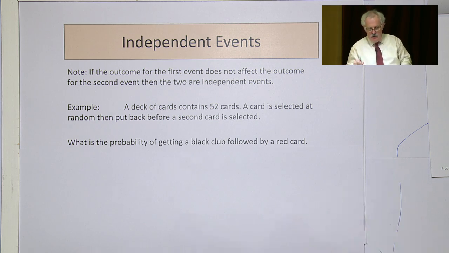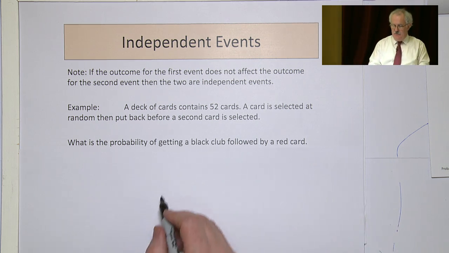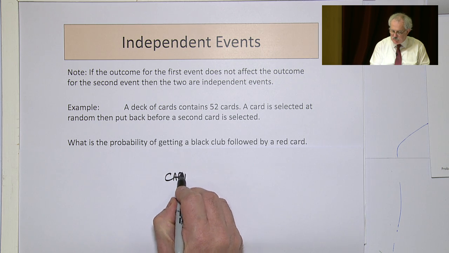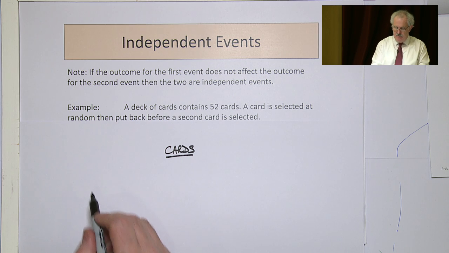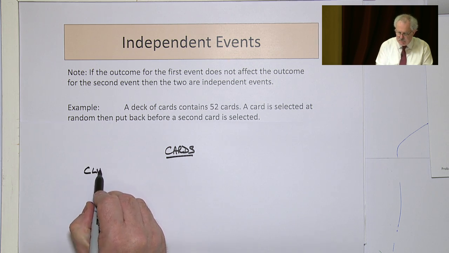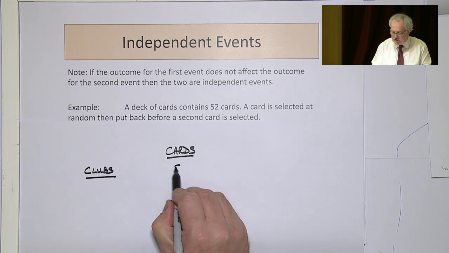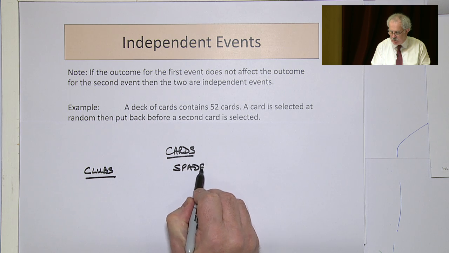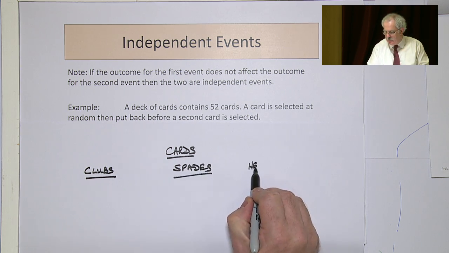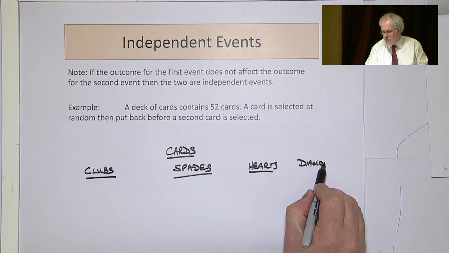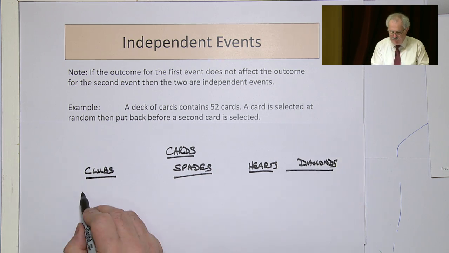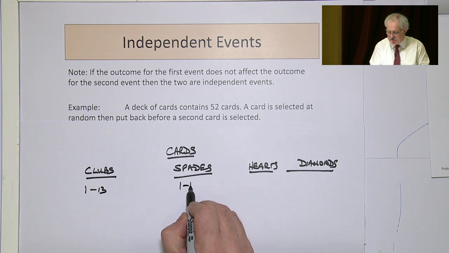Now, I want to figure out, I have a deck of cards. How many cards are there? 52. So let's say I've got the clubs here, I've got spades, I've hearts, and I've diamonds. And I start off with 1 to 13 here, ace to king.